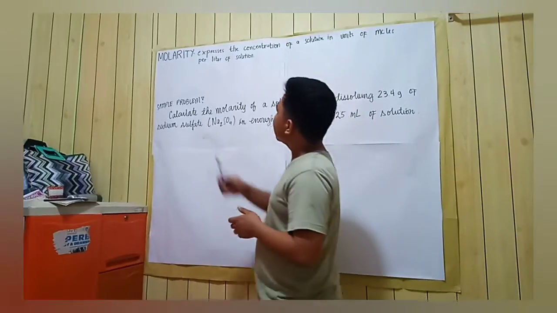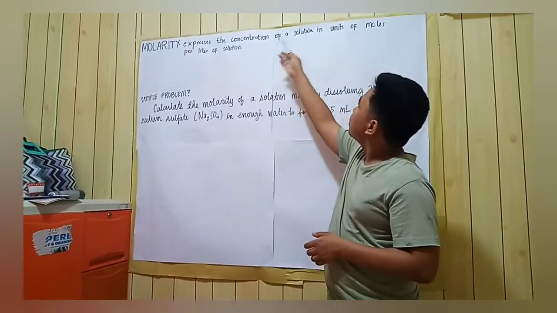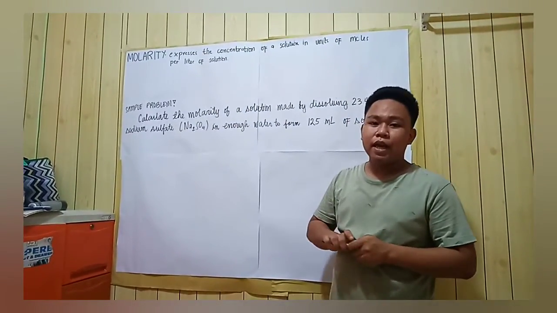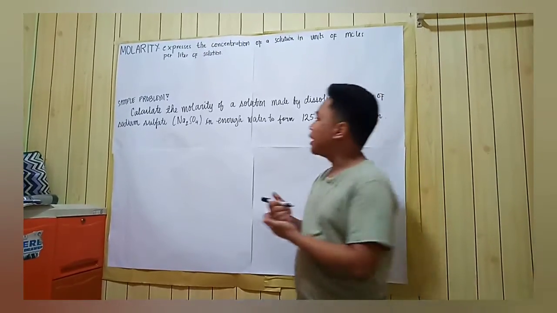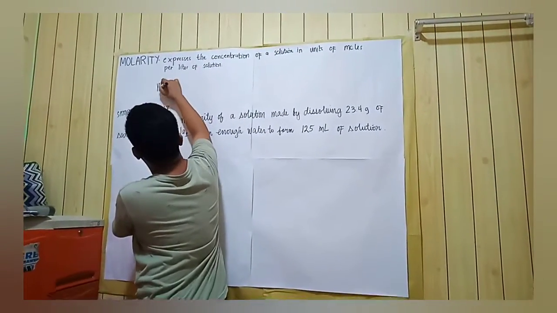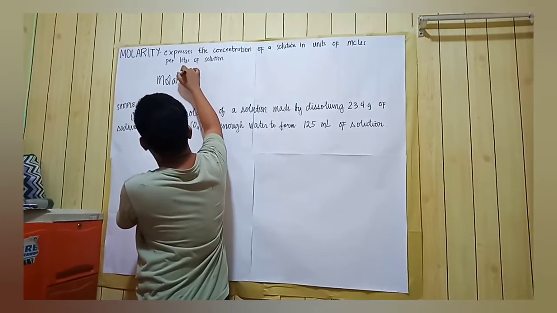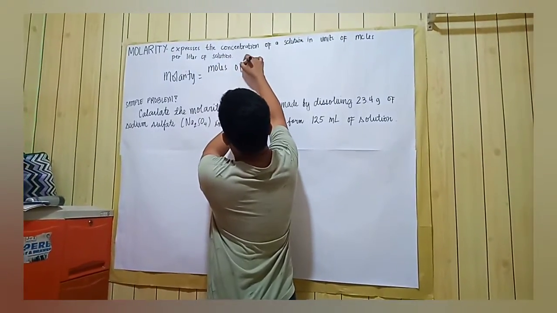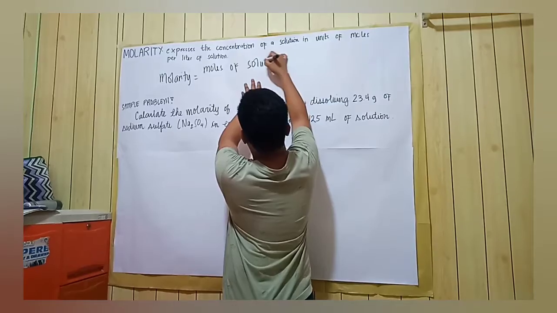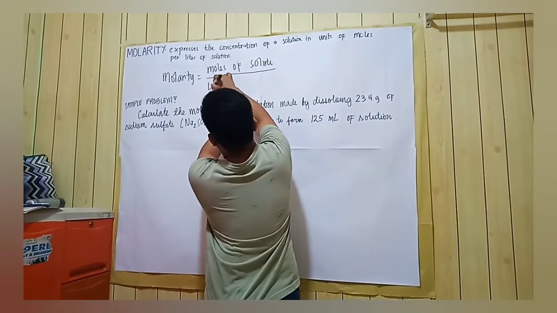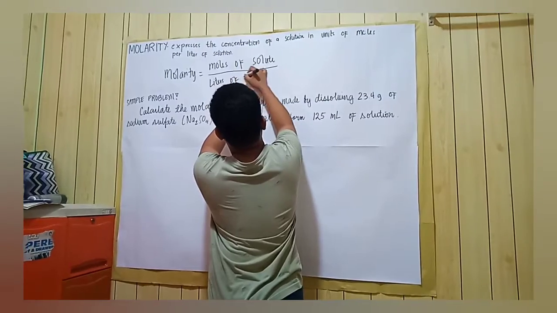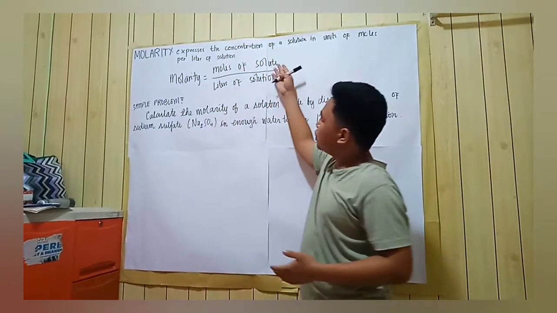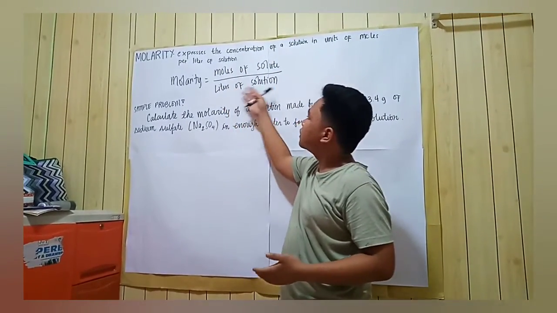Molarity expresses the concentration of a solution in units of moles per liter of solution, and it can be mathematically written as molarity equals moles of solute per liter of solution.